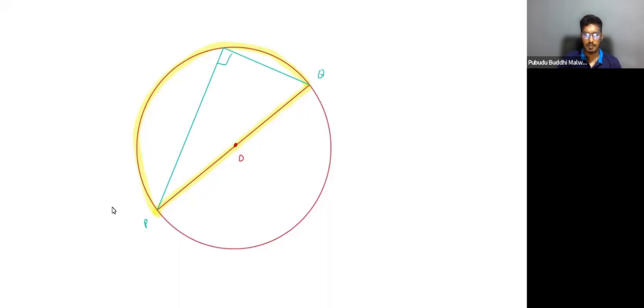So that's a theorem we can use. PSQ equals 90 degrees. What's the reason? Angles in a semicircle.